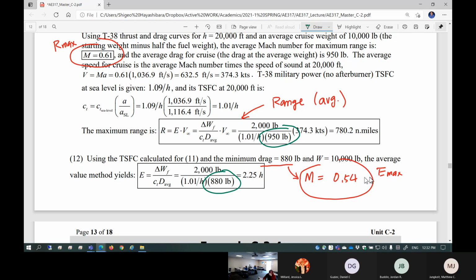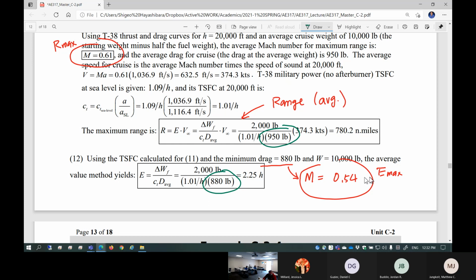Uh-oh. Now today we're going to talk about propeller-driven airplanes, which is completely different. So prepare to be confused. This is basically turbojet, turbofan engine only, which is already different from the sailplane.